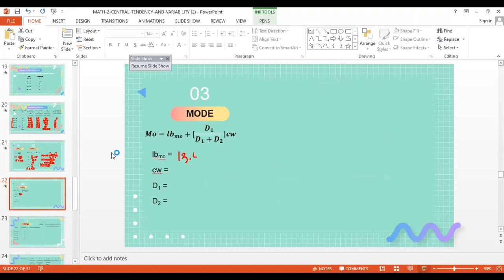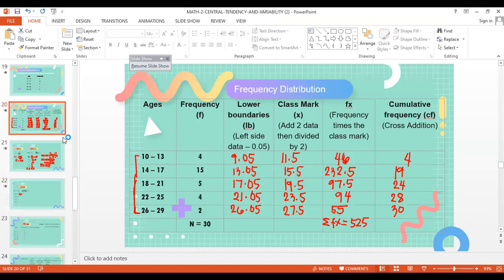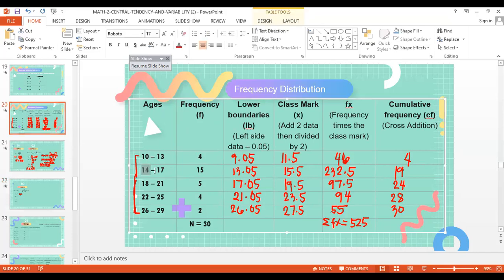Okay, class. So, ang pagkuha ni D1 class, okay? Okay, let's go back to atong table. So, muna atong table class, no? Muna ato ang modal class, okay? This will be our modal class. So, ang pagkuha ni modal class for D1, so, ang D1 kay mo man ato ang before pa sa to ang lower boundary of modal class.